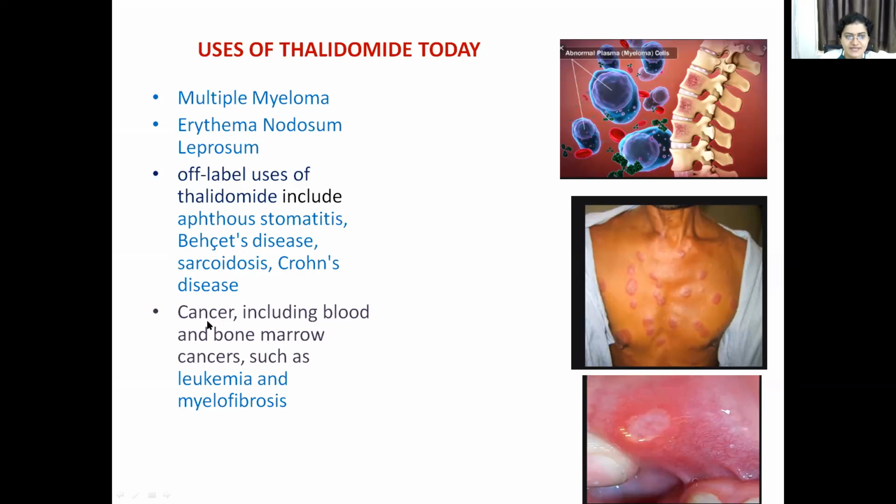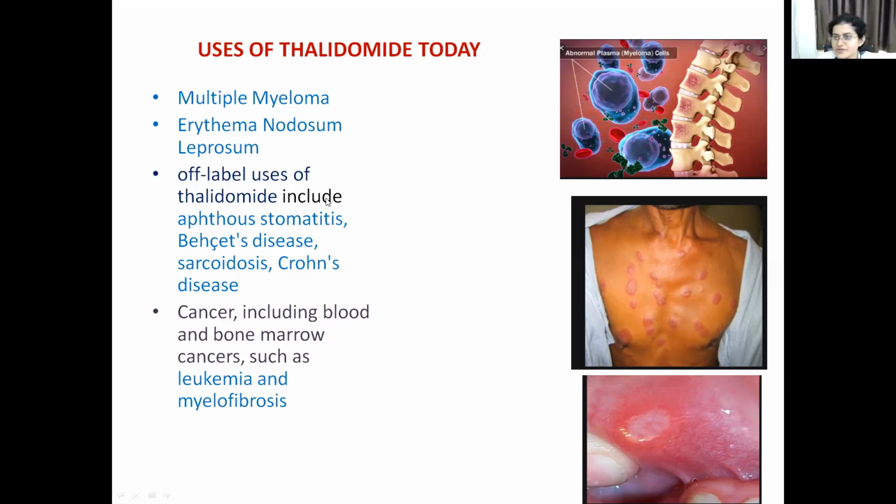Some cancers also, including blood and bone marrow cancers like leukemia and myelofibrosis. So multiple myeloma, erythema nodosum leprosum, and off-label uses are aphthous stomatitis, Behçet's disease, sarcoidosis, Crohn's disease, and some cancer treatment in case of leukemia and myelofibrosis.